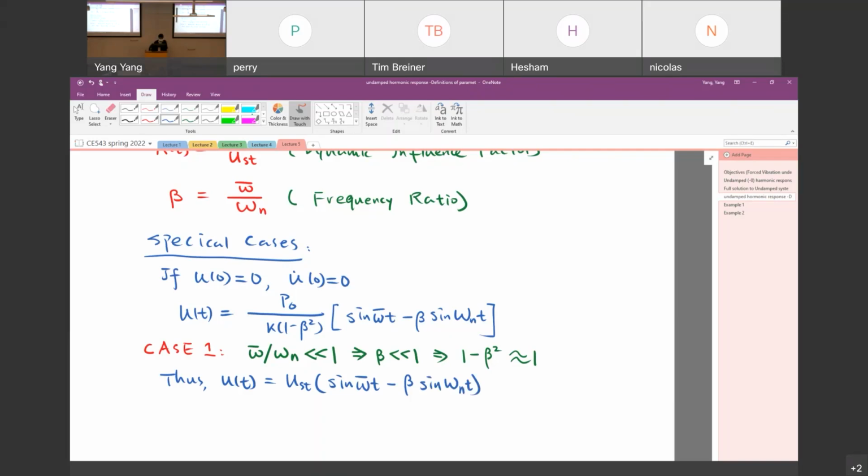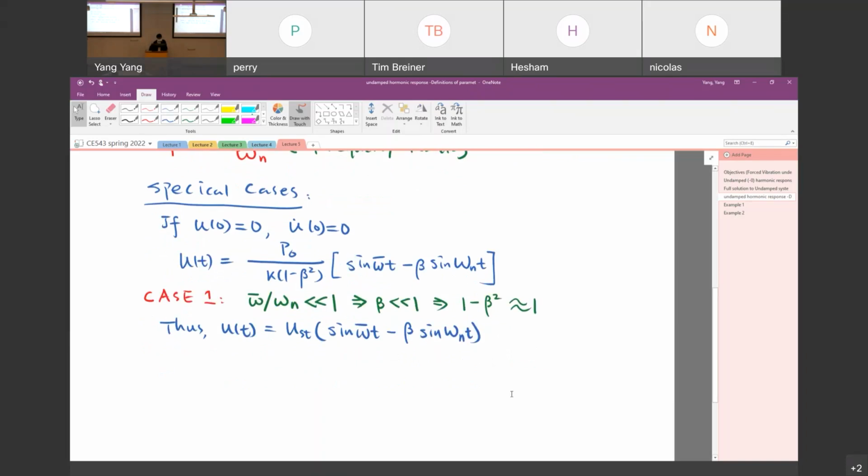The resultant response is the static response times the combination of two sine waves. Right? We have one sine wave with the frequency equal to omega bar, another sine wave with omega n.